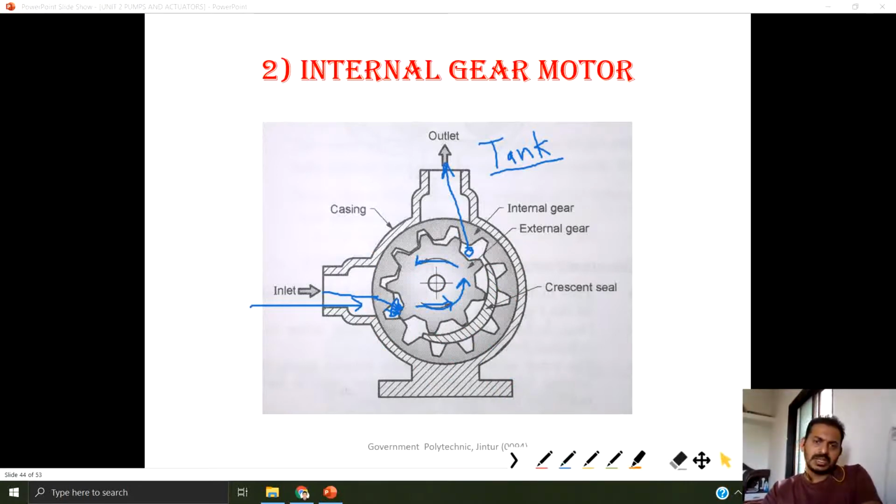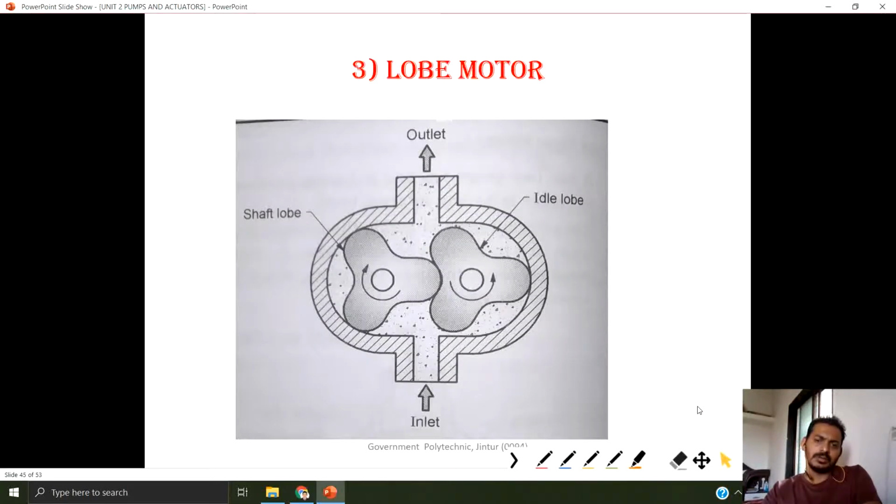We will move towards the next type of motor. Next one is the lobe motor. In a lobe motor, we are giving the fluid from one end. The pressurized fluid is available here, and it is forcing this lobe. This is a 3-lobe type of motor.